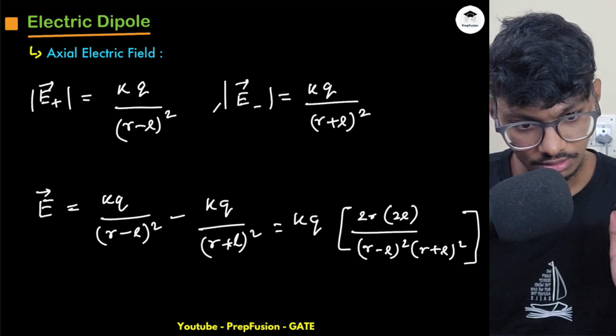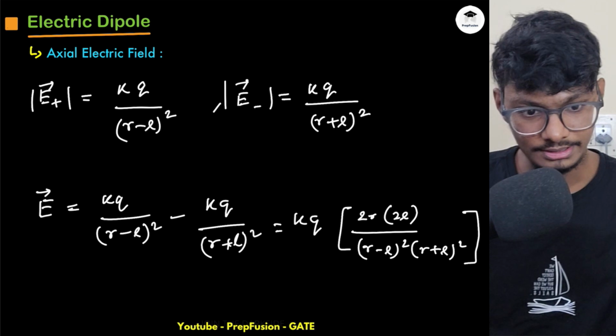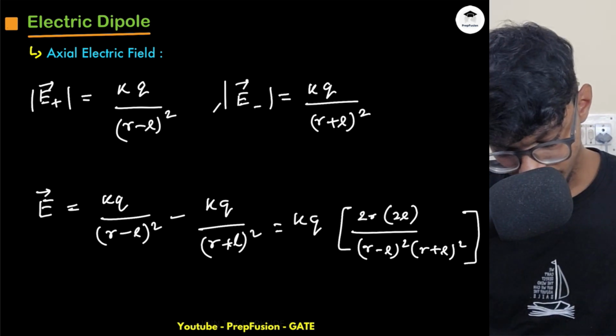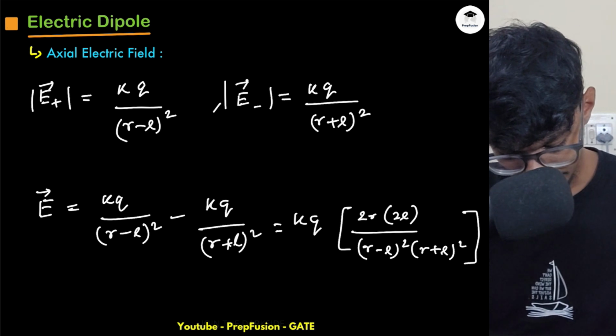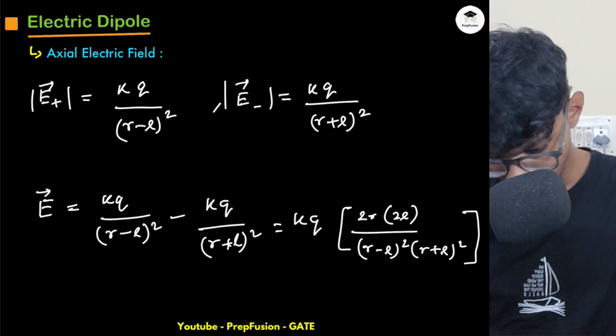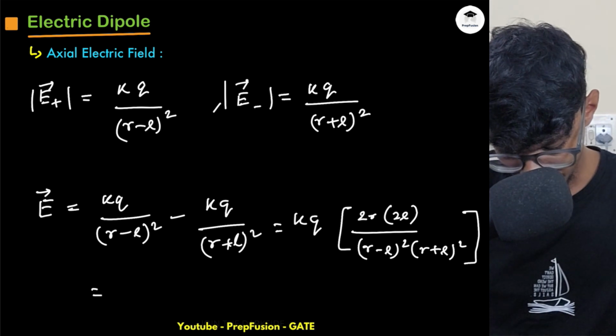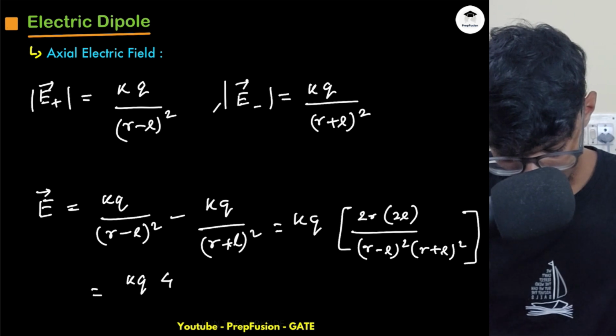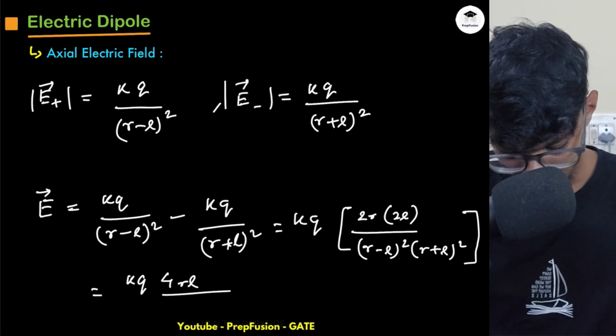If I write this in whole brackets, r minus L into r plus L whole square, this will be equal to, on simplification, kq 4rL divided by r square minus L square whole square.